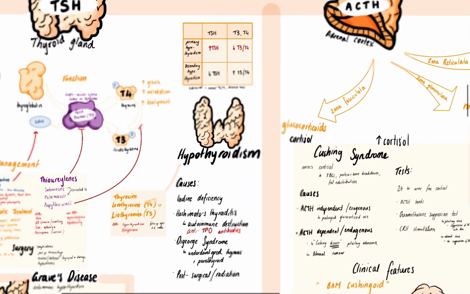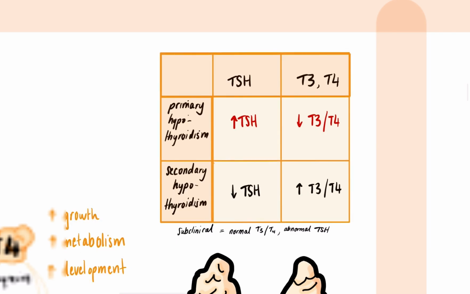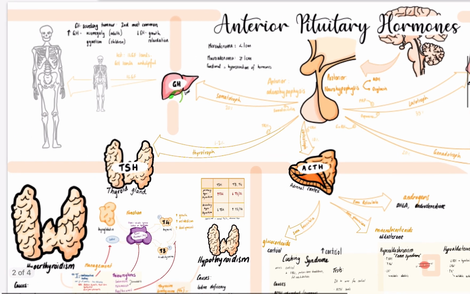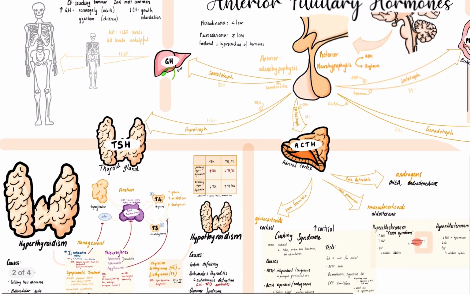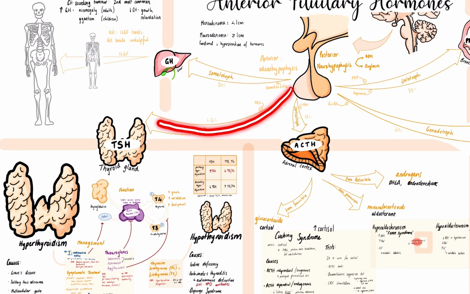One last thing to mention here is tests that can be used to differentiate between primary and secondary hypothyroidism. So, our pituitary thyroid axis includes the production of TSH, which stimulates the thyroid gland, and then the secondary thing that happens is that TSH stimulates the thyroid gland to produce T3 and T4.